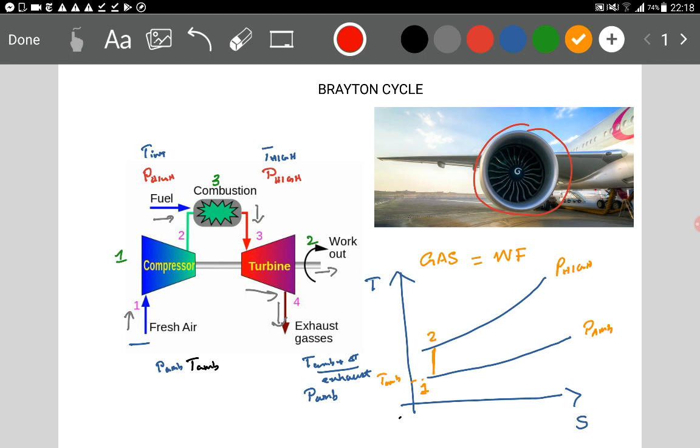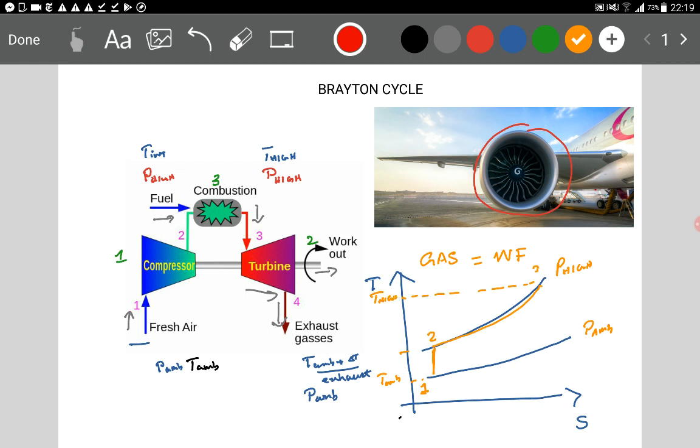As you can see, as we said before, the temperature is also increased, but it's not the maximum temperature of the cycle. Moving from 2 to 3, you experience the maximum temperature of the cycle, and the pressure remains constant. This is P high, and this is T high, the highest temperature of the cycle.